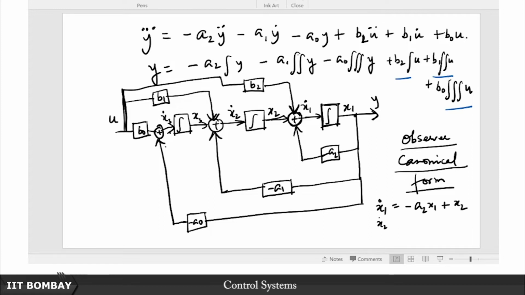What is x2 dot? Well, x2 dot is going to be minus a1 x1, okay, there was a plus b2 u as well which I missed, sorry about that.